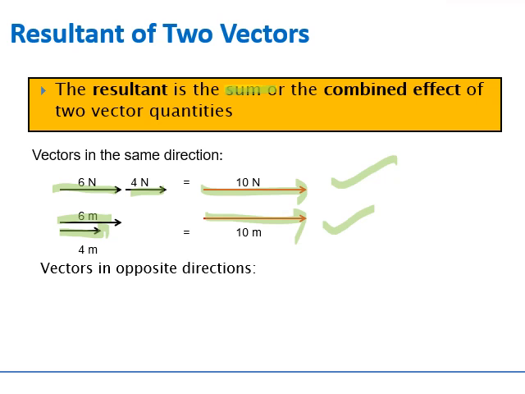But if you have vectors in the opposite direction, for example, if you have two velocities 6 meter per second in this direction and 10 meter per second in this direction, then your resultant will be the subtraction of these two vectors, and the resultant will have the direction of the greater magnitude. So whatever is the direction for this 10 meter per second, that will be the direction for this resultant.